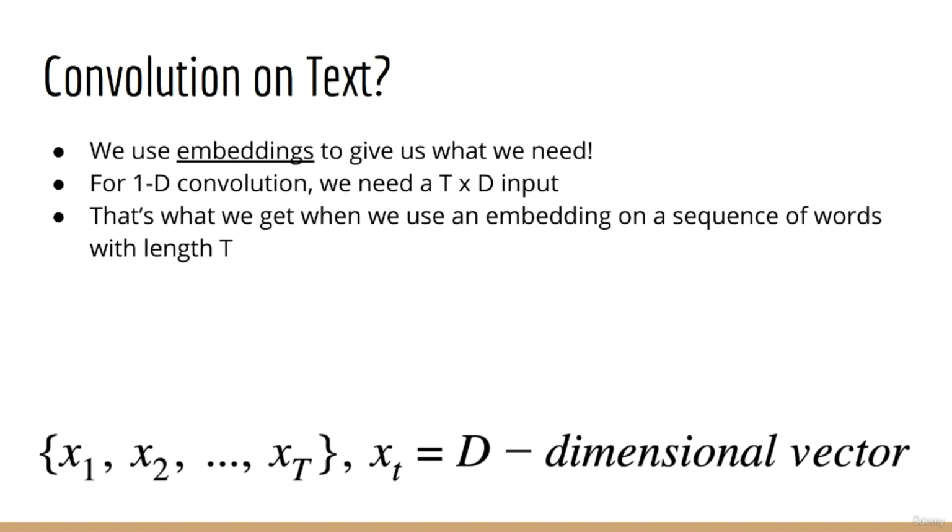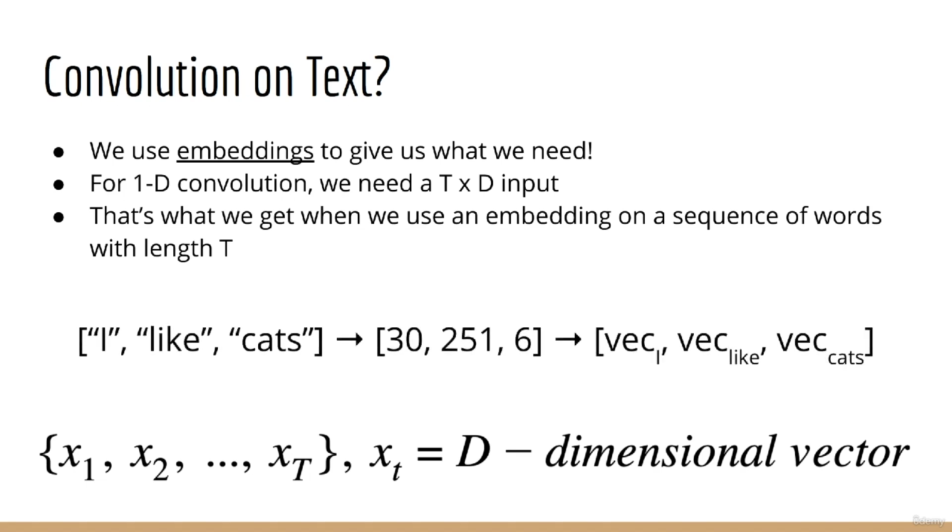We go from a length t sequence of words to a length t sequence of integers, to a length t sequence of d length vectors. Since we have t vectors, each of length d, this makes up a t by d matrix when you stack them all together. And thus, we have exactly what we need to build a CNN for text.